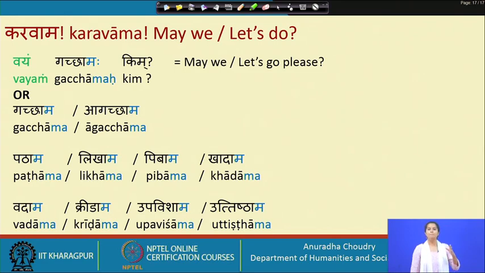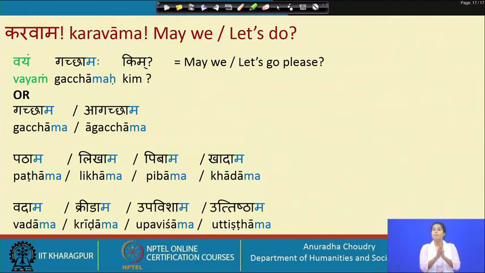So gacchamaha of the present tense becomes gacchama, where there is no aspirate or the visarga sound at the end. So in that change it becomes let's do something. So gacchamaha becomes gacchama. Agacchamaha, agacchama.